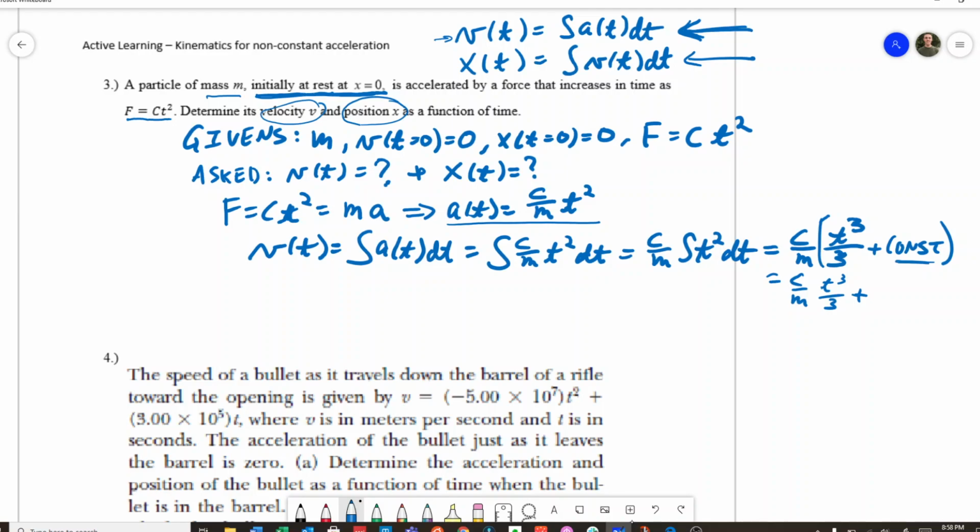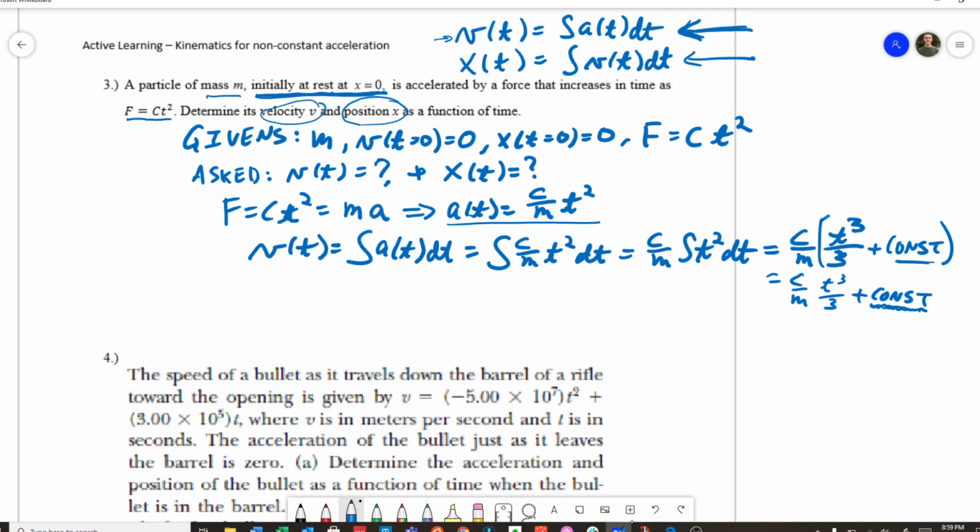Some constant times some arbitrary constant is just some other arbitrary constant. So that would just be a different constant. Now, the last step to getting the velocity would be to figure out what is the constant of integration. I don't think there's ever going to be a problem that I will give you on a homework or on an exam where you're just going to leave an arbitrary constant in there.